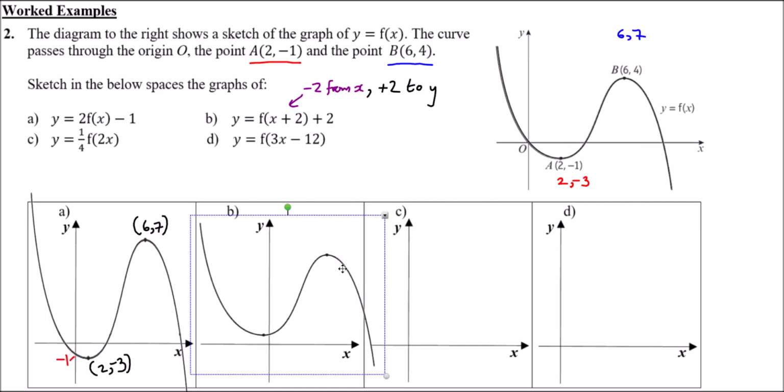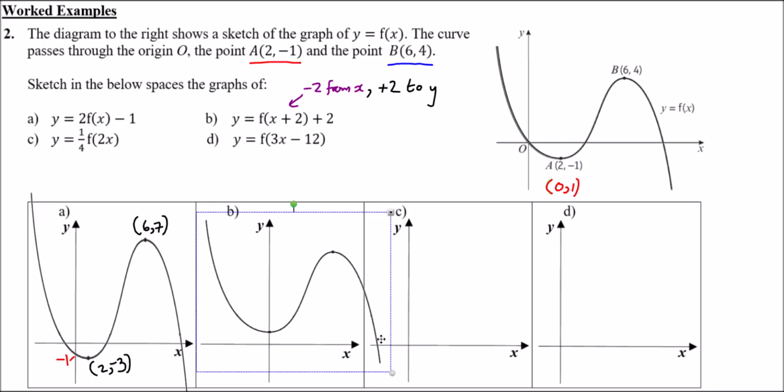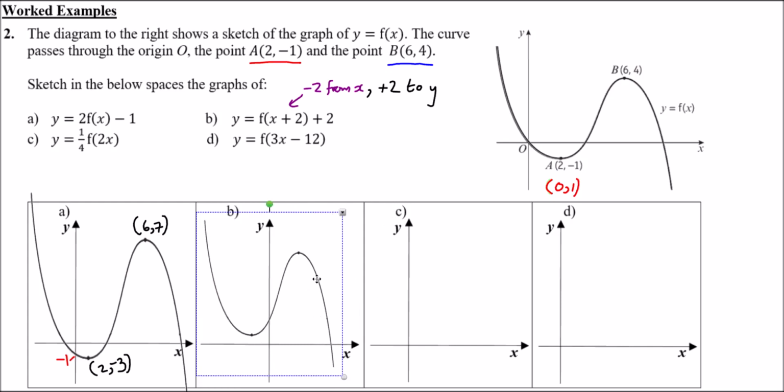So if I just show you step by step, if I take 2 from x and add 2 to y, the point A will go to 0 and 1, so actually that should be about here, just so it fits on.